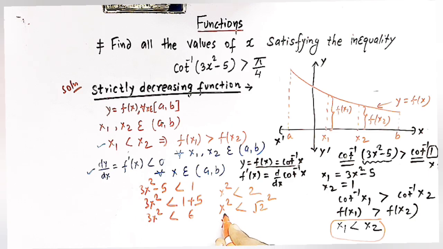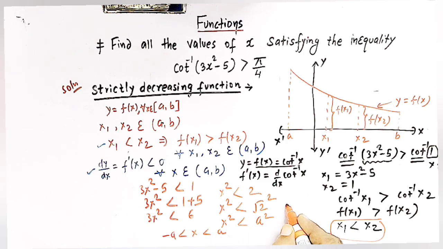So now we have this inequality of this form, that is x square less than say a square, and we know that the solution of inequalities of this kind is given by x greater than minus a and less than a, right? So now here the value of a is square root of 2, so we can now write minus square root of 2 less than x less than positive square root of 2.